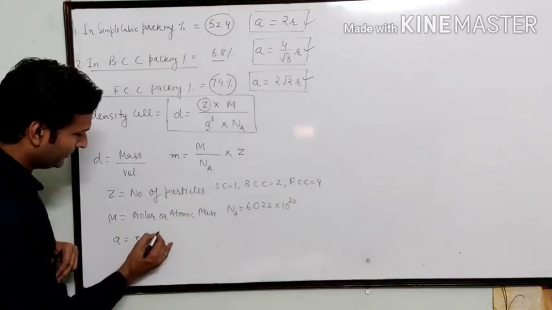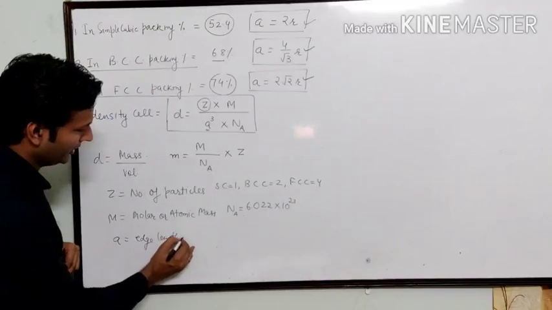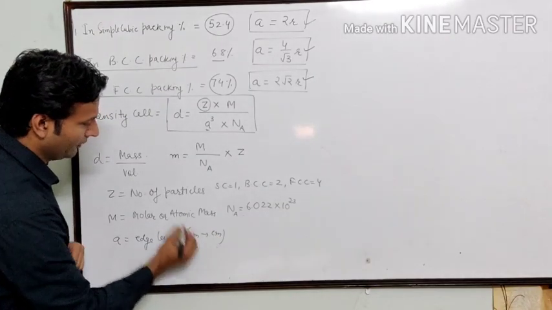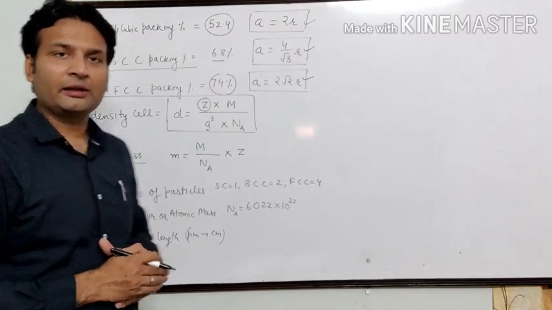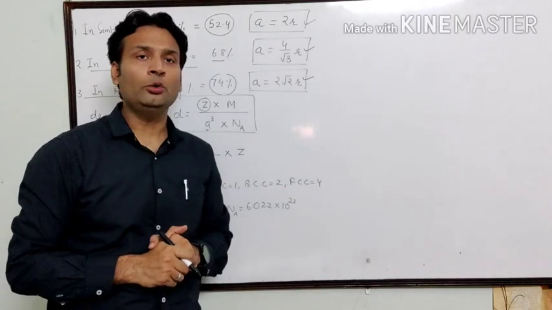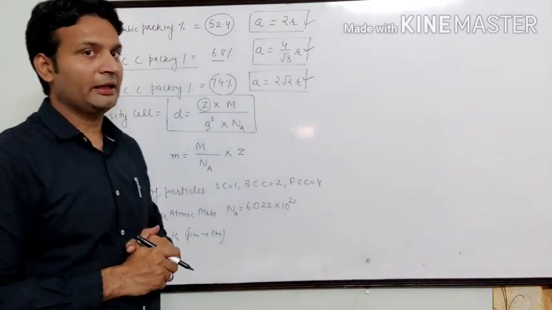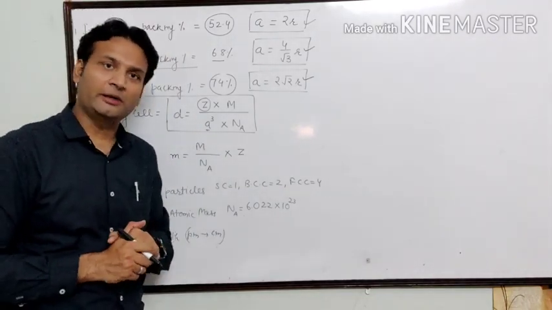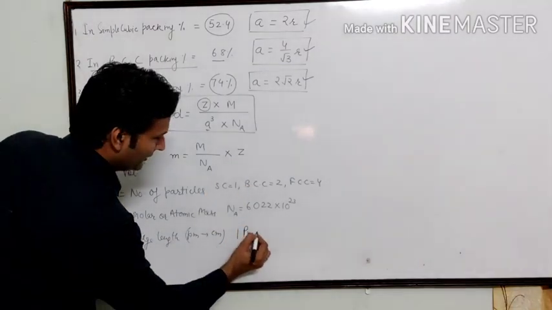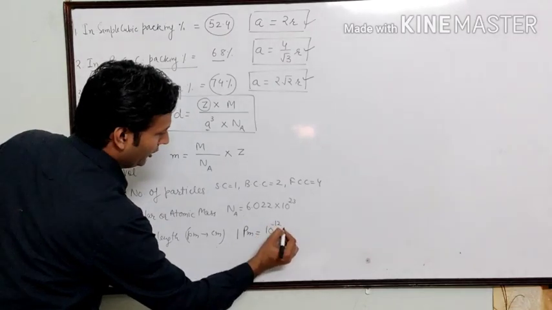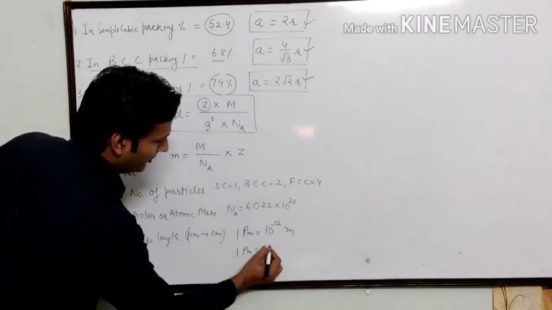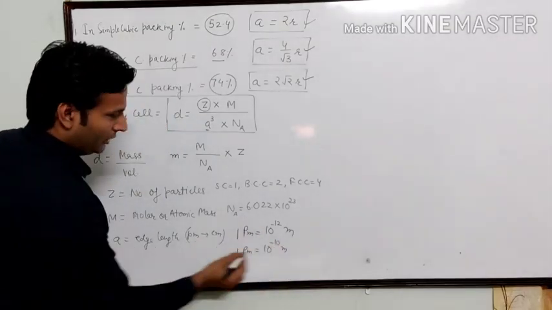Please remember that edge length will be given in picometer and you have to convert it into centimeter because the density is in gram per centimeter cube, or you have to convert it into meter cube because the density can also be considered in kg per meter cube. 1 picometer is equal to 10 raised to power minus 12 meter, or 1 picometer is equal to 10 raised to power minus 10 centimeter.